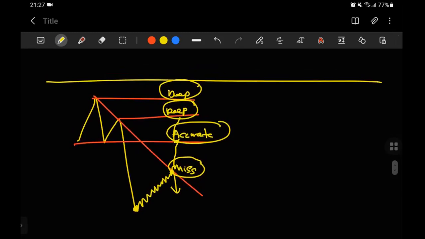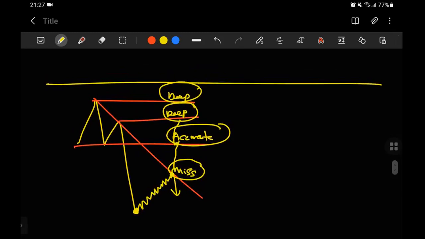So for the OHLC view, I'm gonna show it over here, so it will be much easier. So say that this is candle.